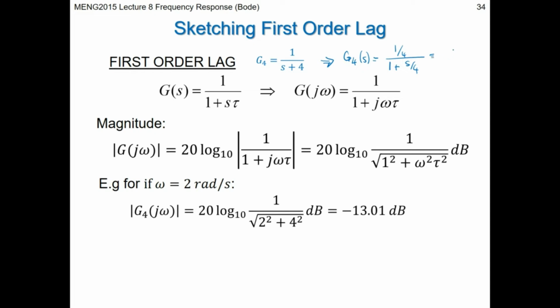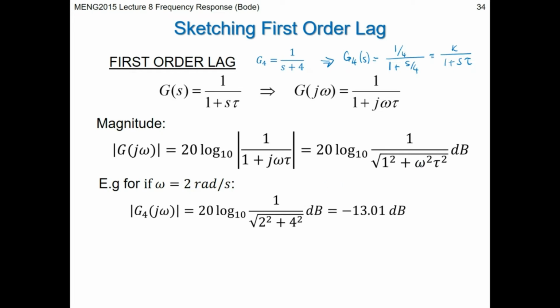So that's in the same format as K over 1 plus S tau. So we do have a pure gain factor in here from the rearranging from the 1 over S plus A form to the K over 1 plus S tau form. So we bring out this 1/4 here. That's just something to be borne in mind.